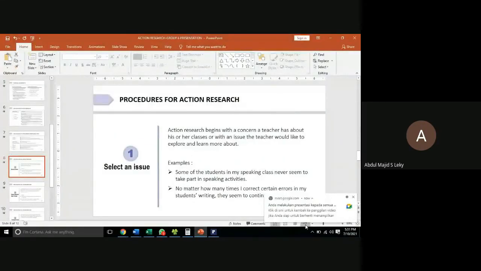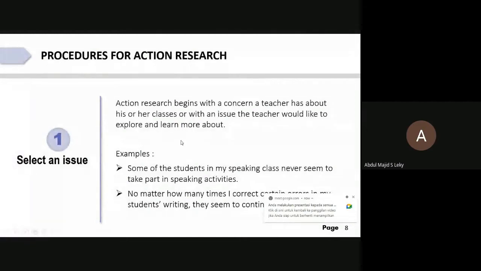Okay, and the example of the first step here is, for example, we find an issue in our classroom that some students in our speaking class never seem to take part in speaking activities. So this is related to passive students.